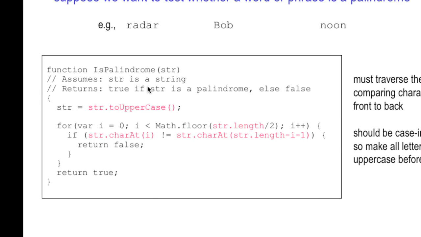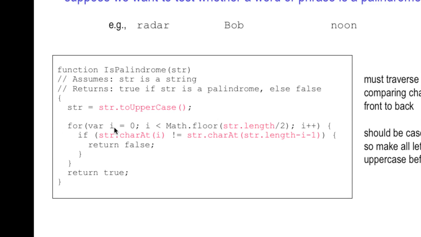It assumes the string is a string, and it will come back and return true if the string is a palindrome, else false. So string is going to be equal to string.toUpperCase, which means put the string in uppercase. You could probably just put it in lowercase too. It doesn't really matter. The entire character string has to be in the same case in order for this to work, because a capital B and a lowercase b are two separate characters.